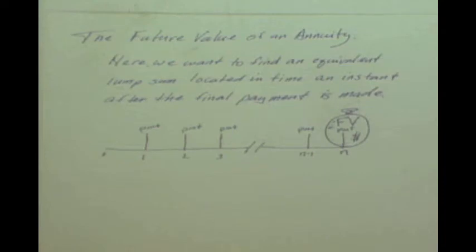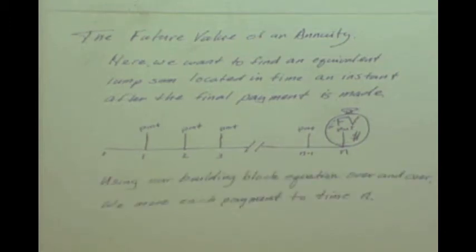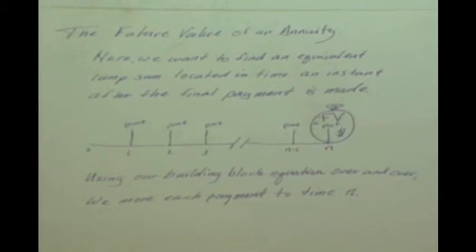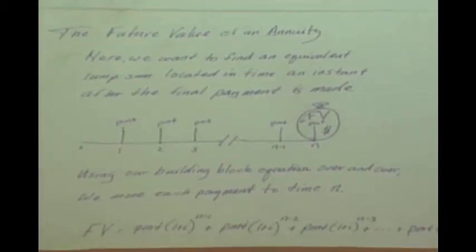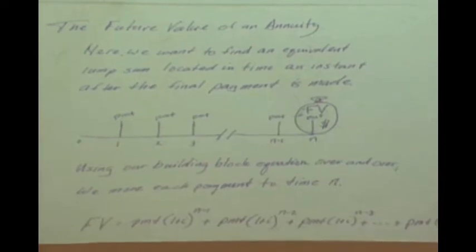We might be making monthly deposits into a savings account, and the question might be, how much money do we have in our account after the 100th deposit? Again, we're going to use our building block equation, and we use it over and over to construct a geometric series.